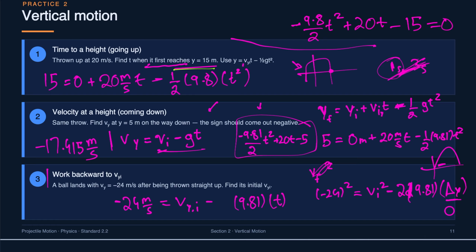It starts over here and it ends over here. So it's basically 0. And then it just becomes negative 24 squared is equal to Vi squared. So in that case, it would be positive 24 for Vi, because Vi initial has to be positive, right? Then Vy final can be negative, which makes sense because the final has to be the opposite of the initial.